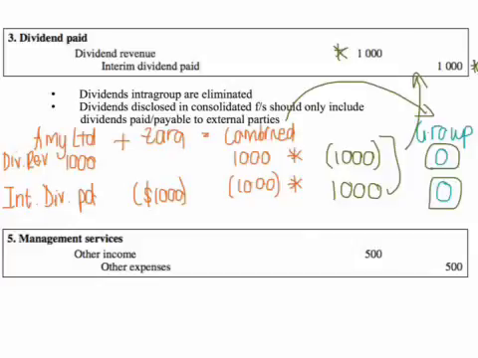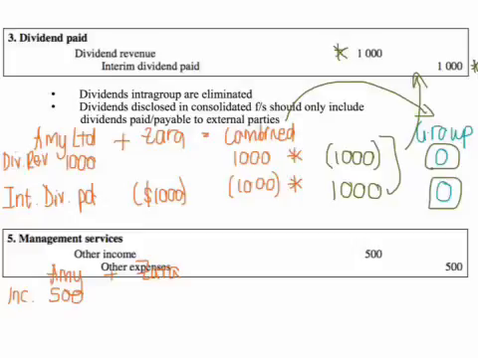Same scenario where management services are delivered. So we were told in the information that during the year the parent company provided some management services to the subsidiary at a fee of $500. So the parent company will have income as management fees recorded at $500.